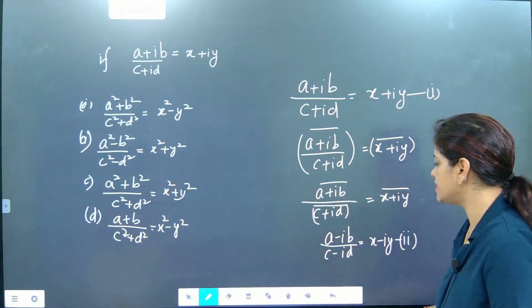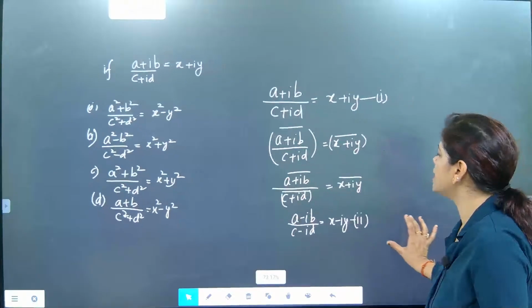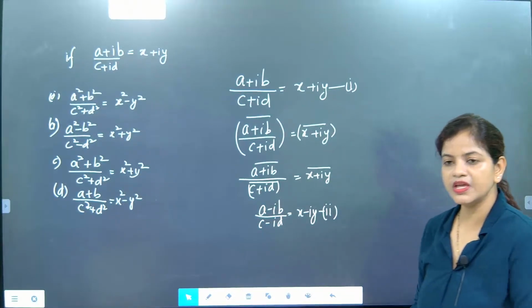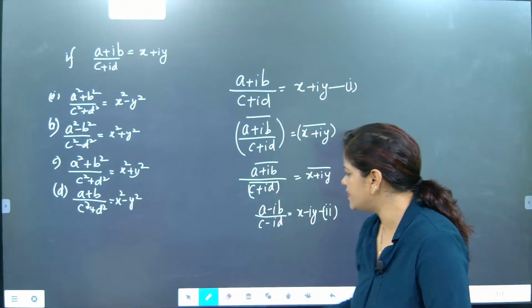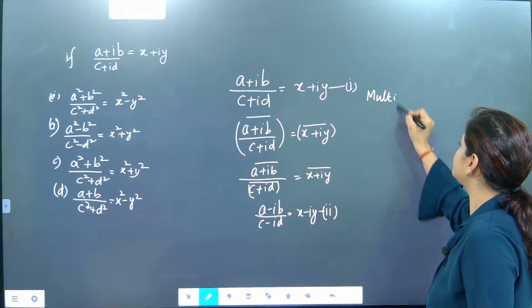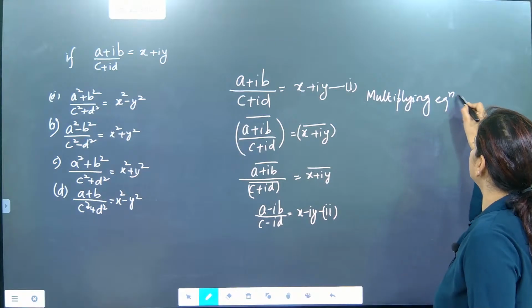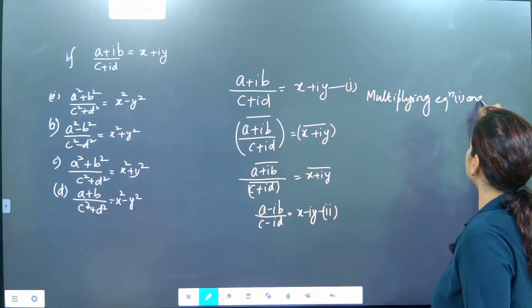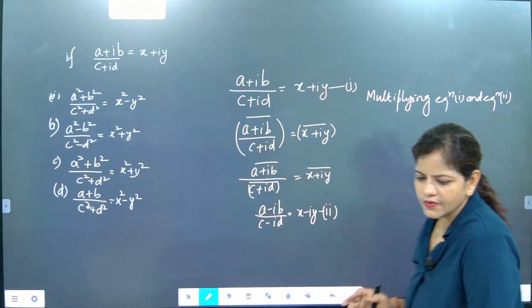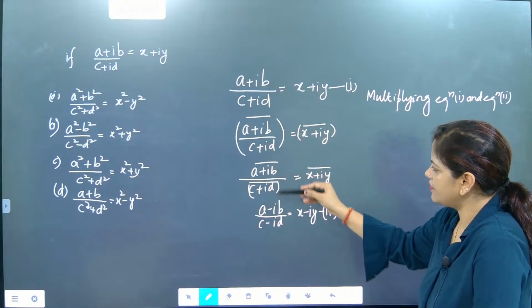Once you have equation 1 and equation 2, the next work you have to do is multiply equation 1 and 2. Listen to me carefully. So write: multiplying equation 1 and equation 2. When you multiply equation 1 and 2, what will happen? This one will multiply with this one.